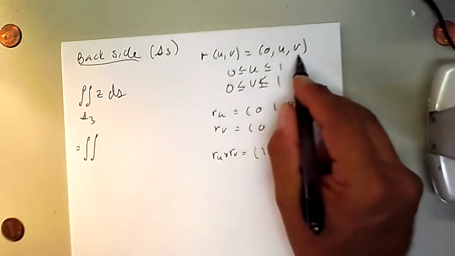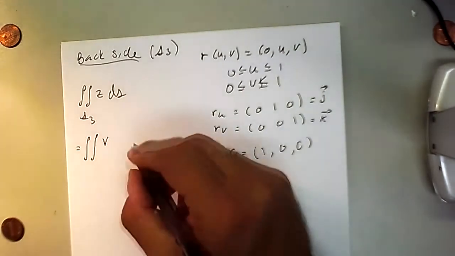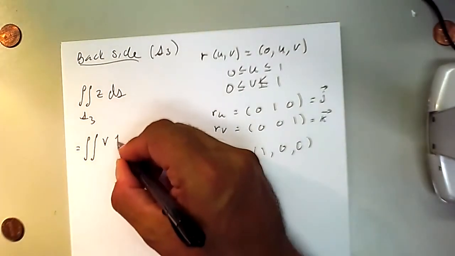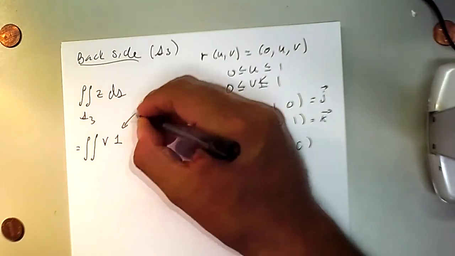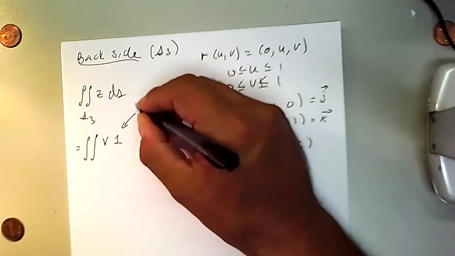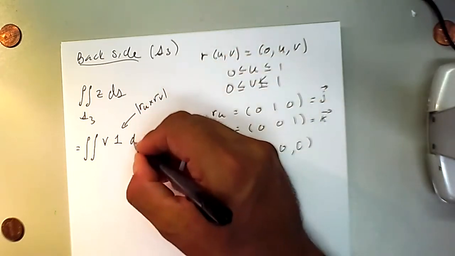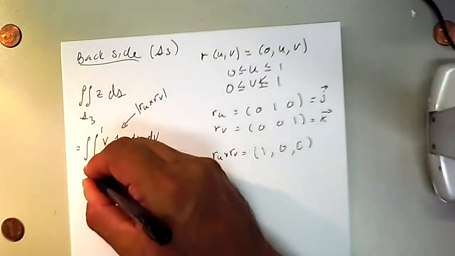In this case, Z is V. And then 1, V is not a vector, it's just the variable V. This 1 comes from the magnitude of R sub U cross R sub V, du dV from 0 to 1, from 0 to 1.